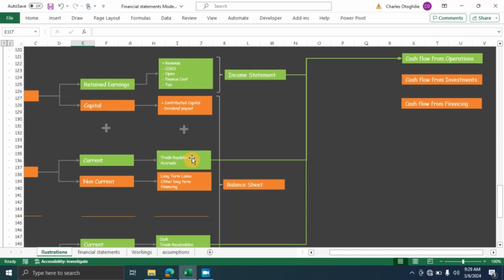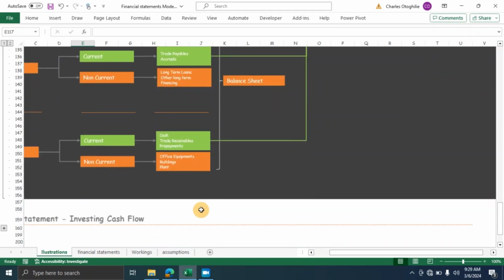My creditor giving me those raw materials to work with, or maybe giving me goods to sell, is more or less financing my business, but this time through trade payables. So I have to record it in my cash flow from operations, and trade payables will be like cash that comes in. Try to look at it from value in exchange. Your creditor is indirectly giving you cash, and that is why we record it in our cash flow from operations.